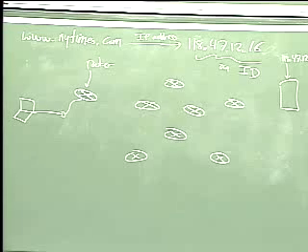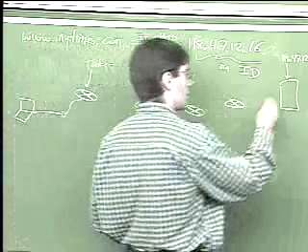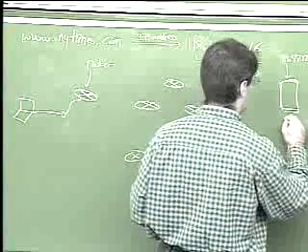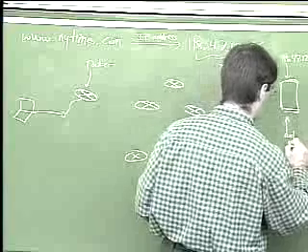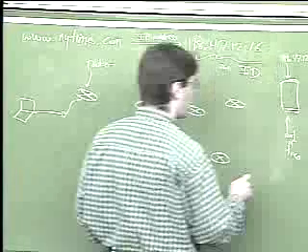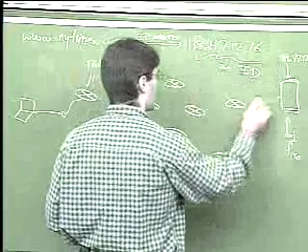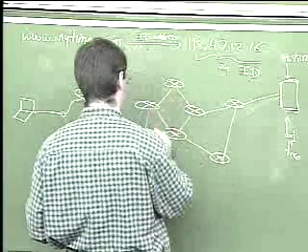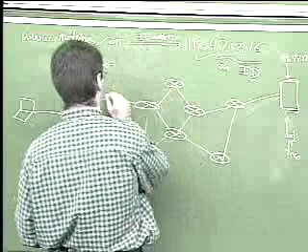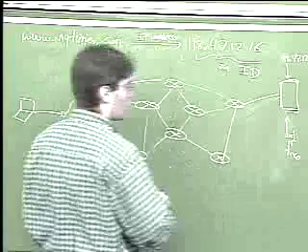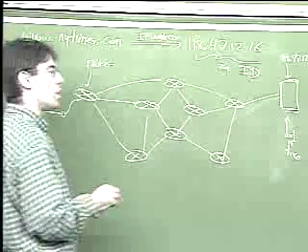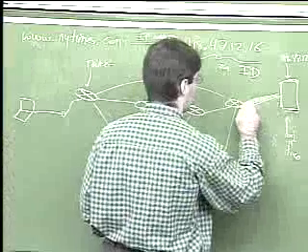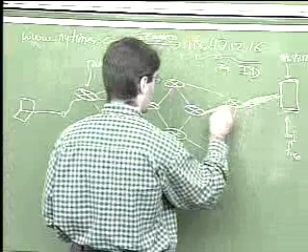The way to think about it is you take this as the root of a tree and build the shortest path tree. Here's the network, and you build the shortest path tree rooted at this node over here.